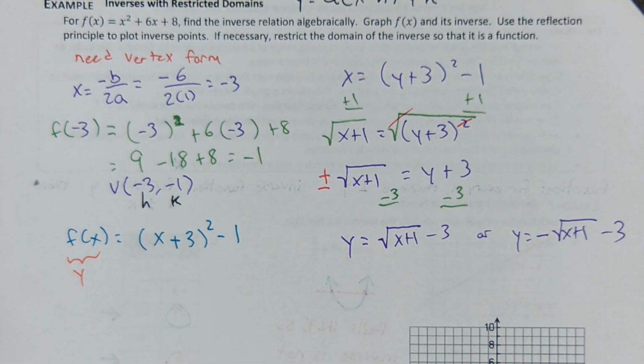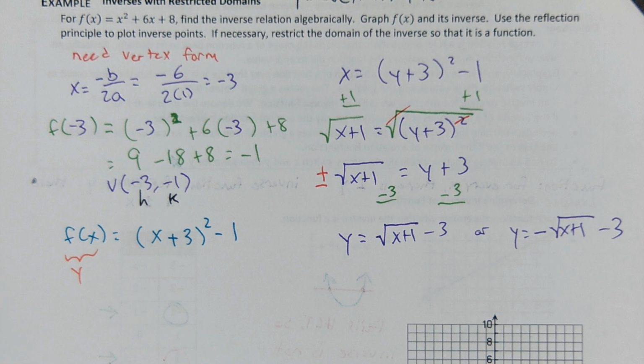Our quadratic has two different inverses. And they're both functions. But if I tried to call it one graph, it's not a function because it's a sideways parabola.